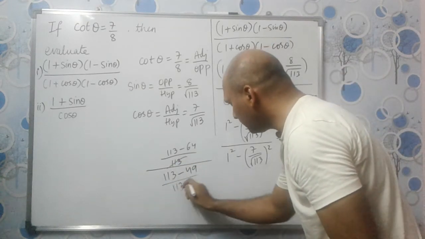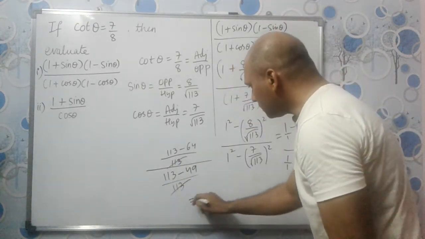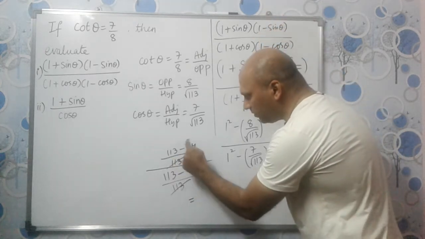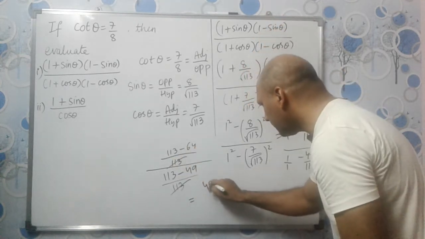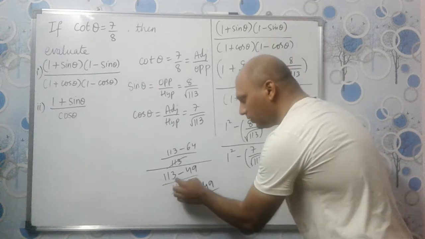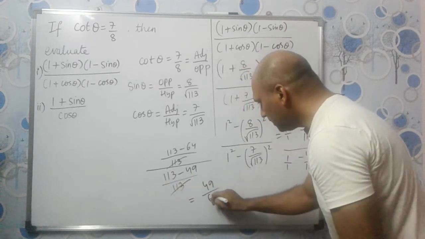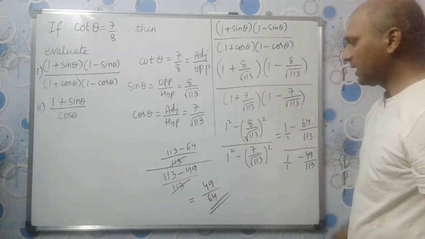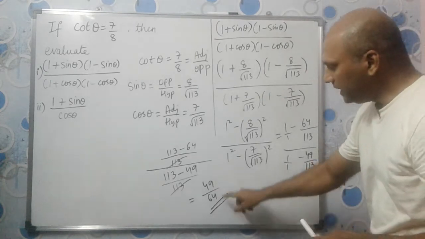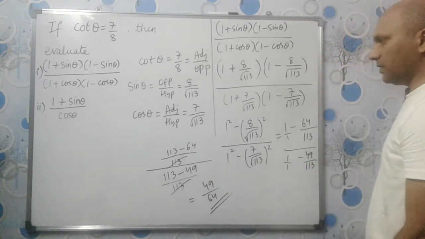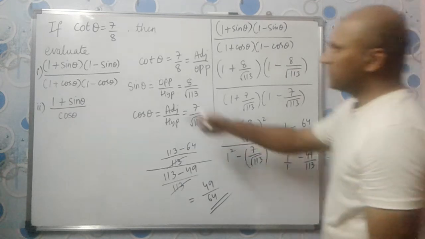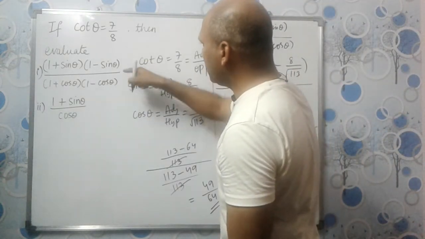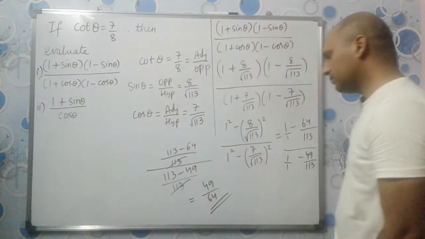This 113 and 113 will get cancelled, right? So what do we have here? 113 minus 64 will be 49, divided by 113 minus 49 will be 64. So this first bit is 49 divided by 64.